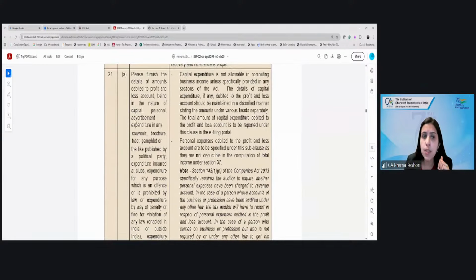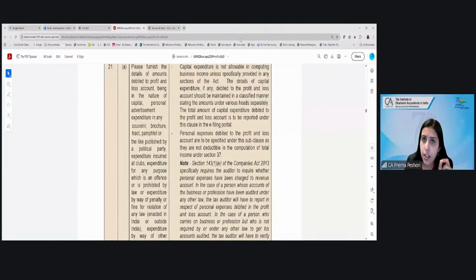Then 21 was with respect to the section 37 deductions. Yes, very good, Sanjay. It is first considered as income and then allowed as deduction.